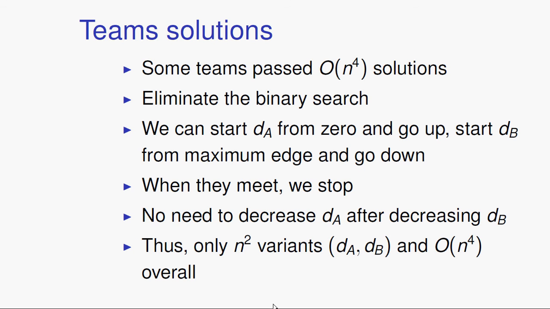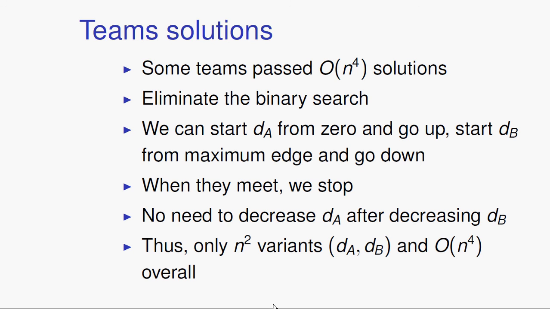But also search for dB not in a random order, but start from the maximum edge and go down. And then when we go from some value of dB to a smaller value of dB, we can only increase the value for dA, because it cannot go down.